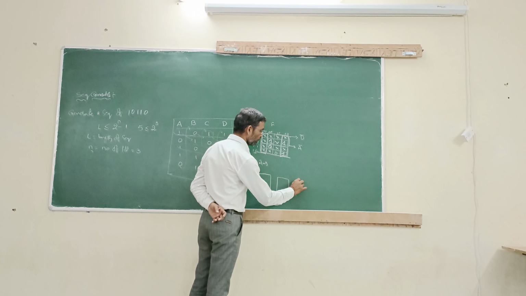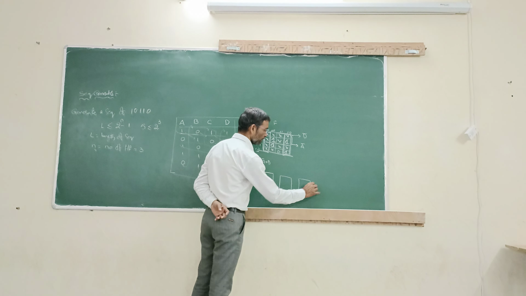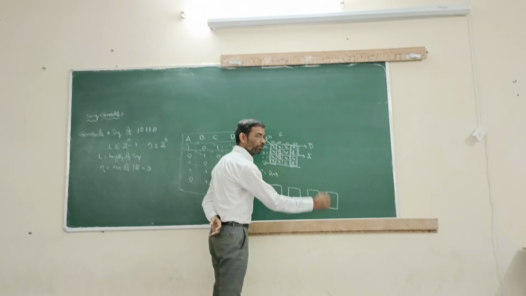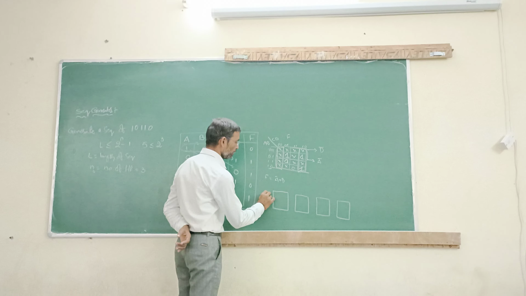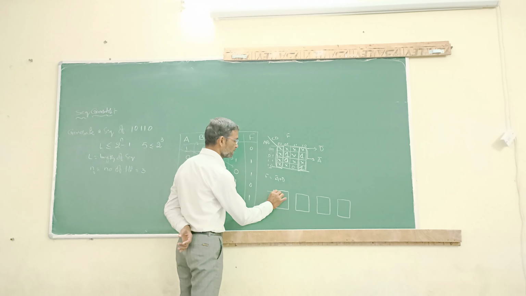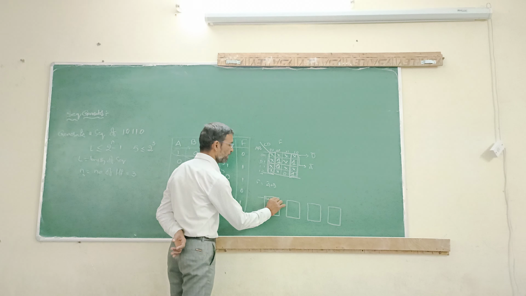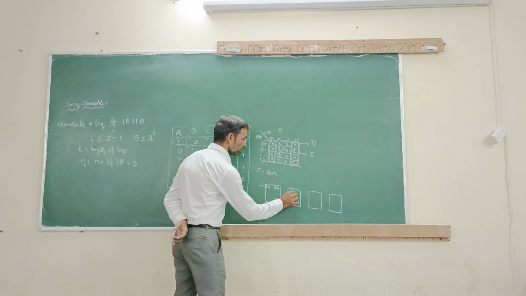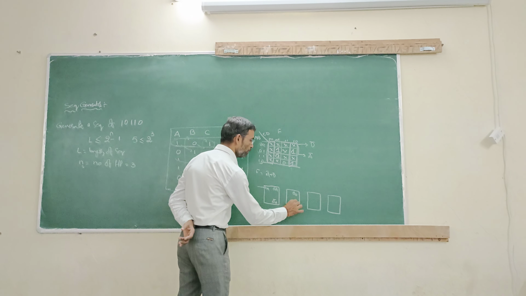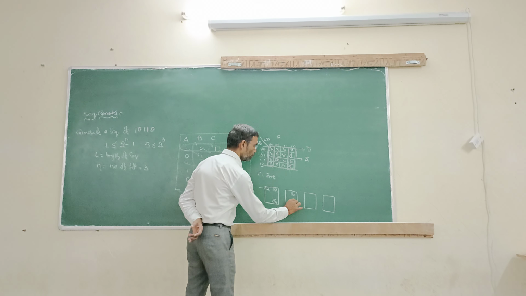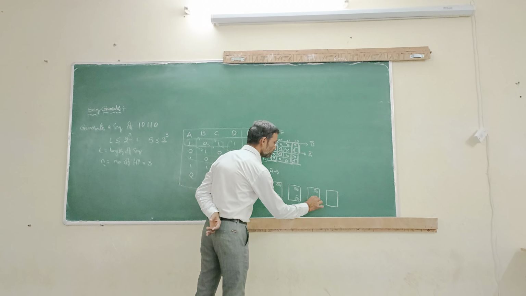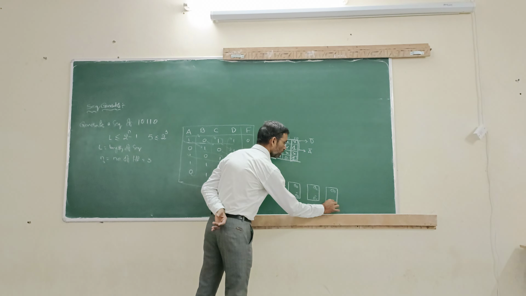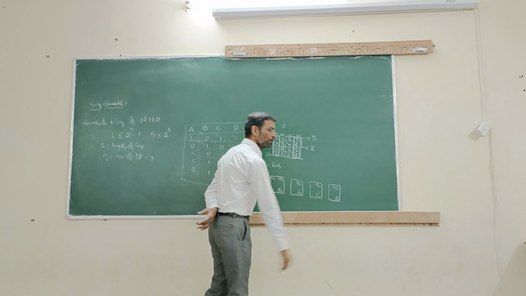This is the third D flip-flop, and this is the fourth D flip-flop. Okay, these flip-flops are having DA, and it is going to generate two outputs, QA and QA bar. Similarly, QB and QB bar, QC, QC bar, QD, QD bar.